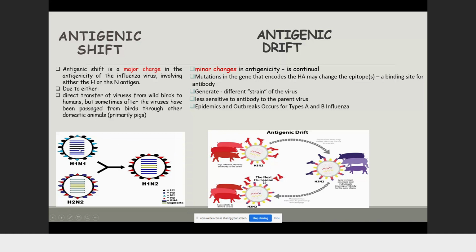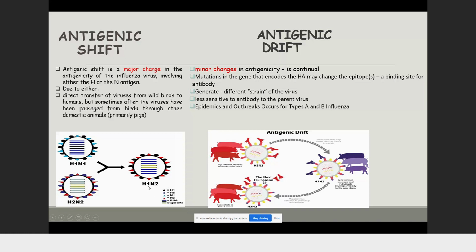So co-infection means these two strains together infect the host, and because we have two strains, the segments between these two will reassort among them. And because of that, it will produce a new subtype. So if you see here, H1N1 co-infects with H2N2, you produce a new subtype here.